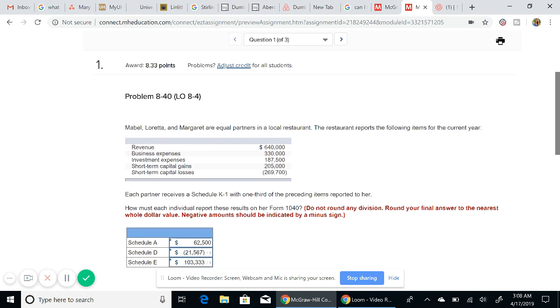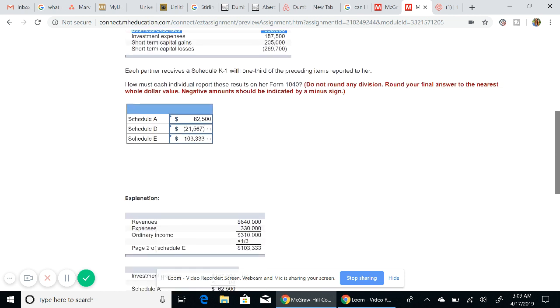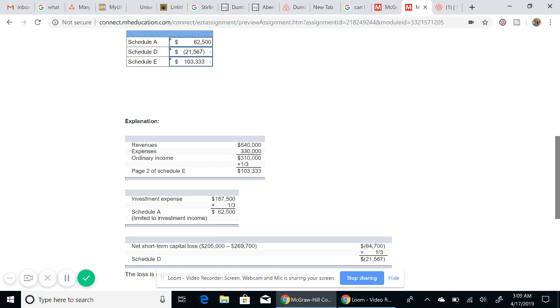3 equal partners in a local restaurant. The restaurant reports the following items: revenue, business expenses, investment expenses, short-term capital gains, short-term capital losses. So first, we have Schedule E, which I think is easiest to deal with first. That's going to be 640 minus 330 for net business income of 310.